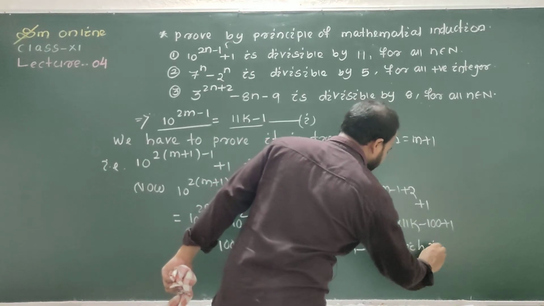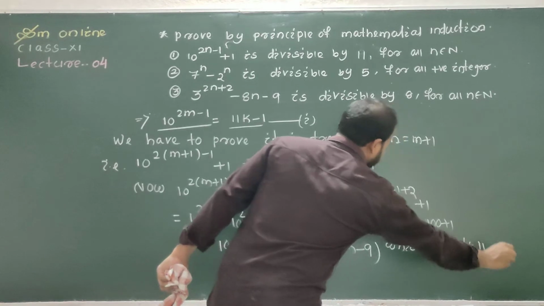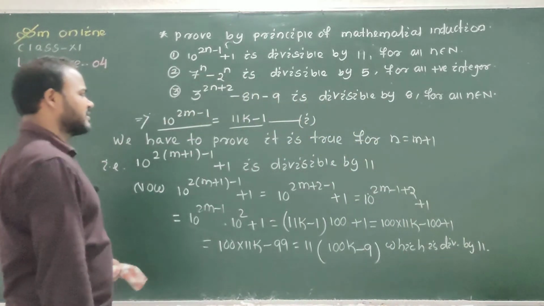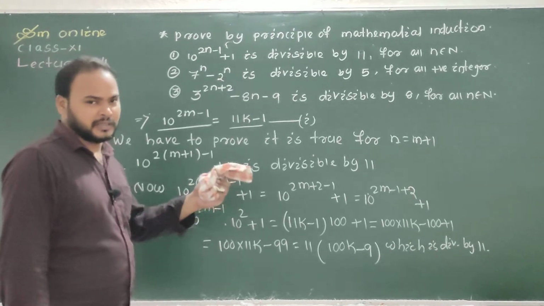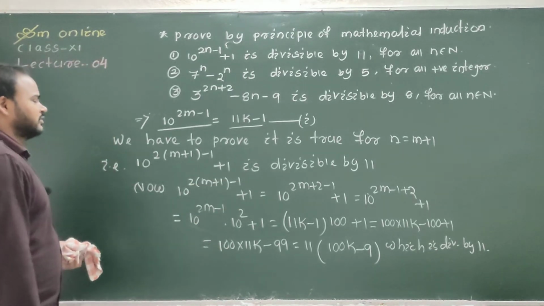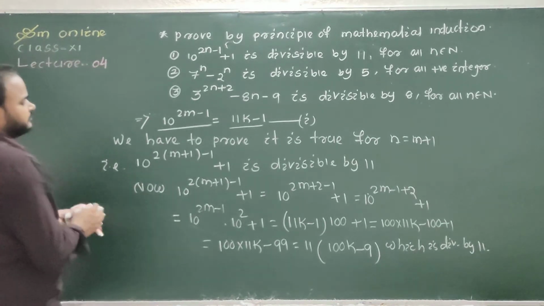Which is divisible by 11, so the given statement is true for all n belongs to N. This is the solution of question number 1. Now question number 2.